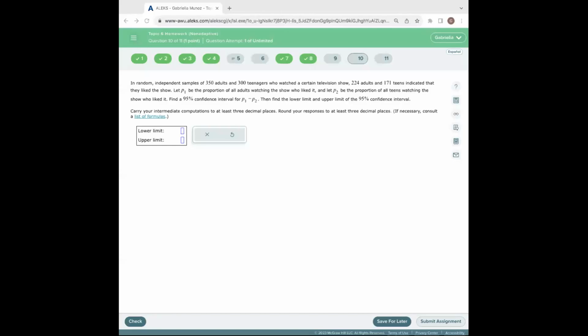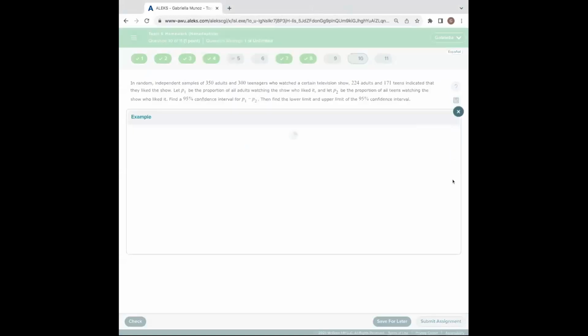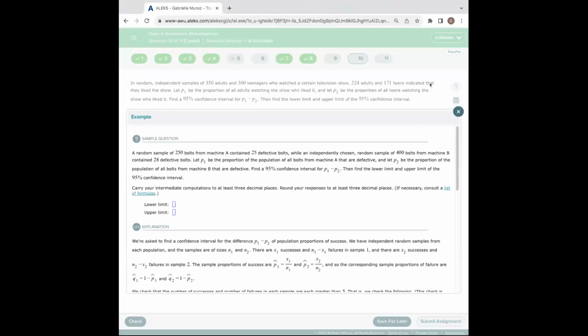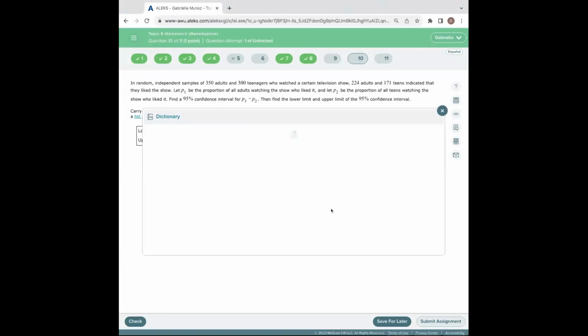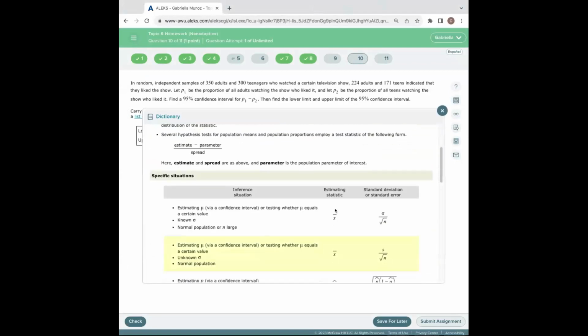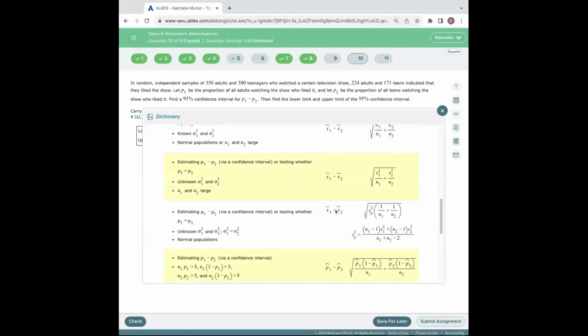Yes, this is proportions, which is different than anything we have done thus far. Could you grab the formula sheet for us, please? The list of formulas, and scroll down to the ones that have P1 and P2. Keep going way down.